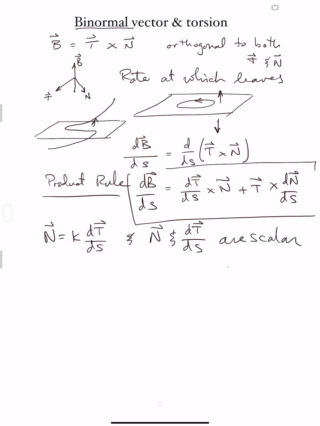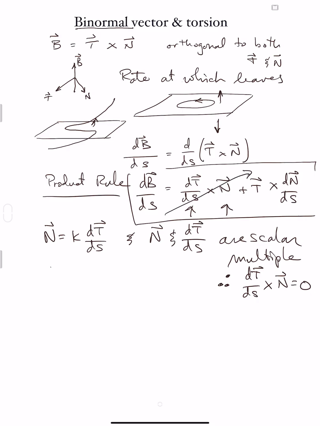Okay, so we know that when we're talking about the cross product, if we have scalar multiples, then that cross product is 0. So if N and T_s are scalar multiples, this term scales to 0.